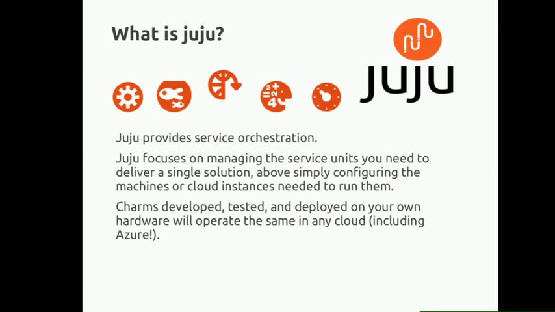Juju is something that we could summarize as being a service orchestration tool, but this term has been overloaded in many ways. So let's imagine that Juju is a tool that is going to allow you to manage service units, connect them together so that you can focus on the workloads you want to deploy rather than on how to deploy them on the OS.